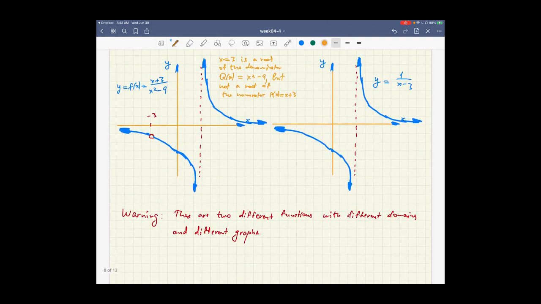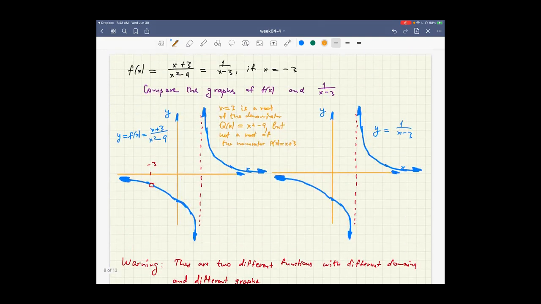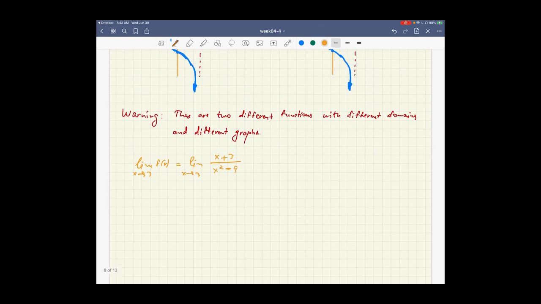So when you compute the limit of f at 3, the numerator x plus 3 will be approaching 6, whereas the denominator x squared minus 9 will be approaching 0, 3 squared minus 9.